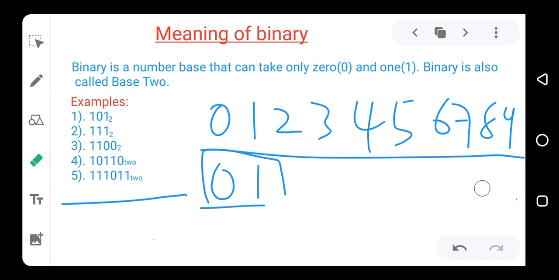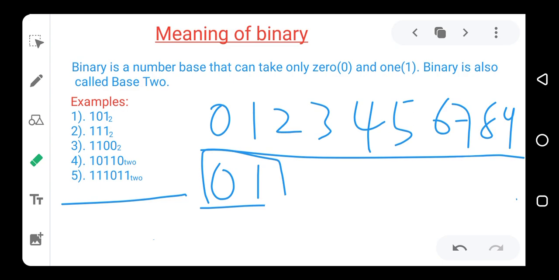A base is a number that is written under another number, while a power is the one that is written on top of it. A base is the one that is written under the number.